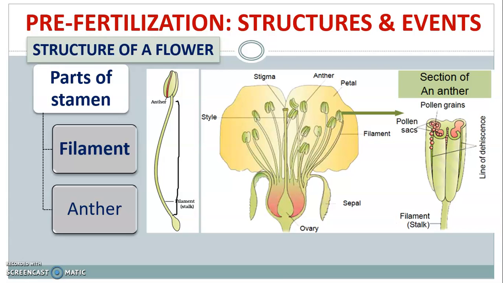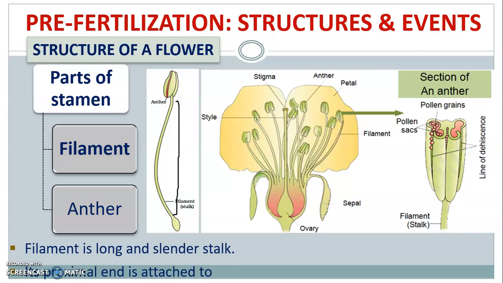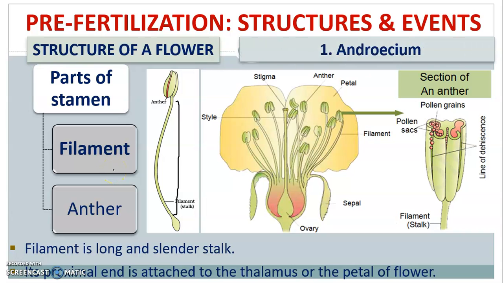So what is a filament? The filament is just a handle-like structure, and this structure has two ends, the proximal end and the anterior end. On the anterior side, it has the anther. So this is the anther. But on the proximal side, this is the proximal side.